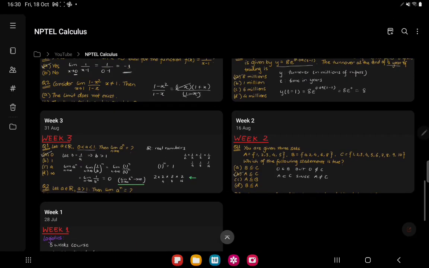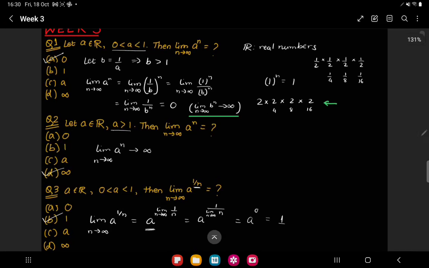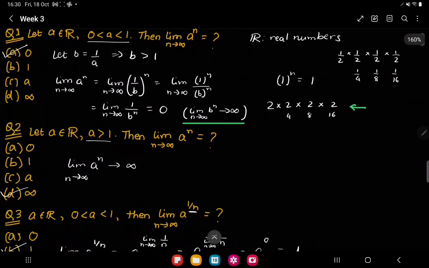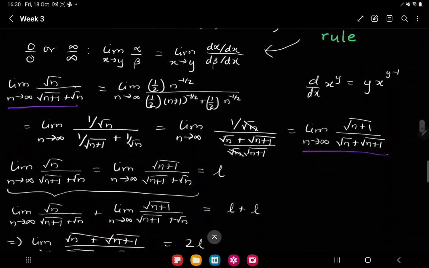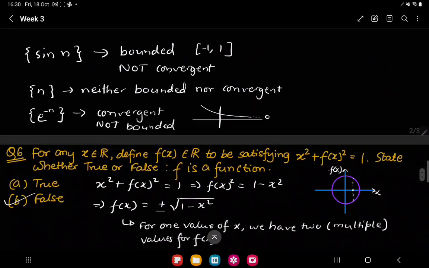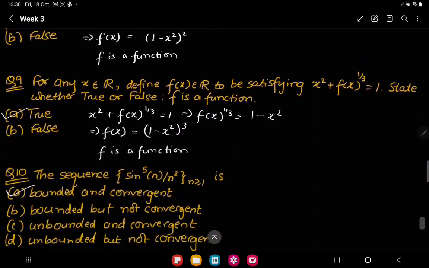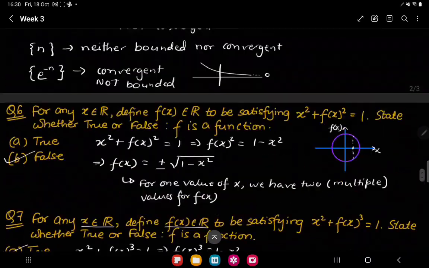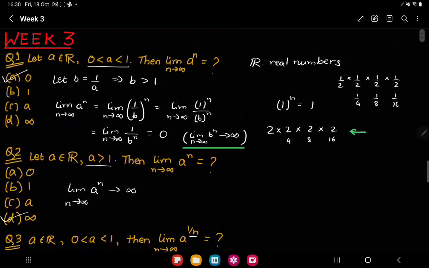Let's see week 3 now. So in week 3 we formally saw how to evaluate limits, and then we solved these questions on limits. So in limits, one of these tricks is to make a substitution.